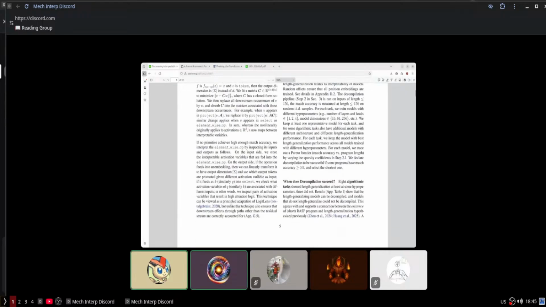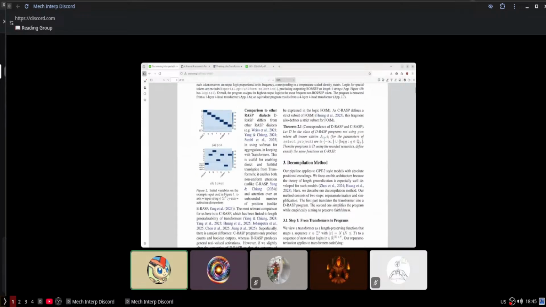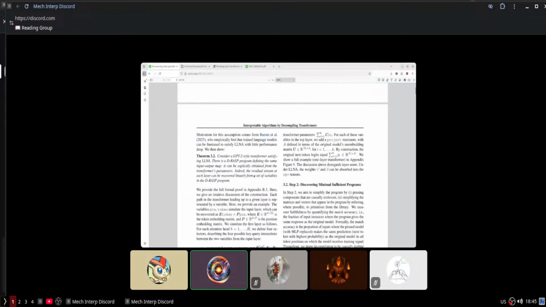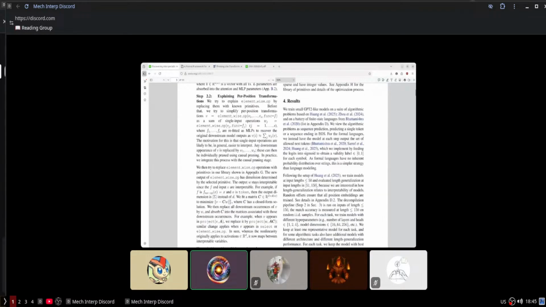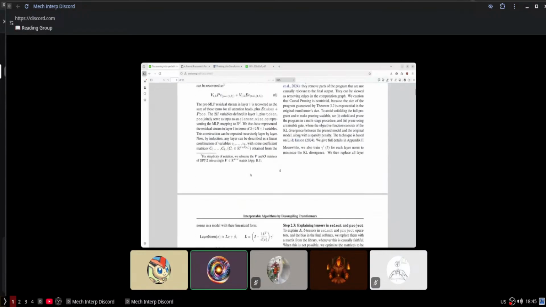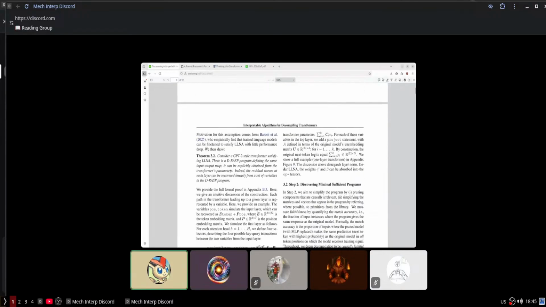But anyway, in the Q&A they cite Theorem 3.2 on page 4 as leading to the exponential number of steps. Yeah, but the theorem says consider there is a D-RASP program defining the same input map.